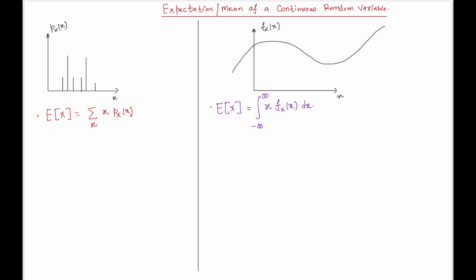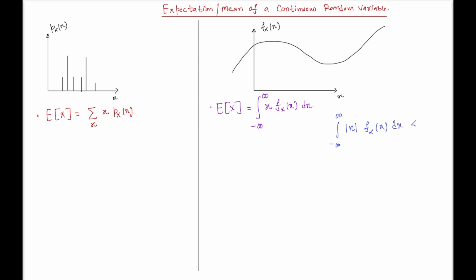Here this formula is well defined, but this formula is not well defined. But for us, we will use such a way that it will always be well defined. But just to be on the safe side, let me write this down also: this expectation formula will be well defined in case of the continuous random variable when you integrate the absolute values of x weighted corresponding to their respective probabilities.